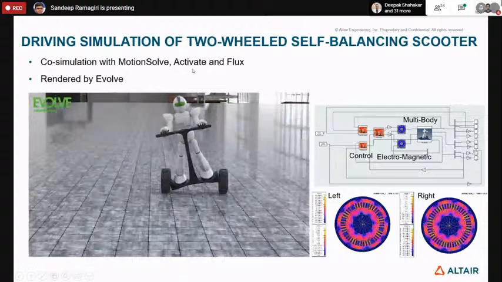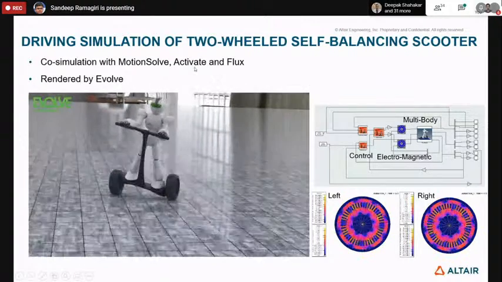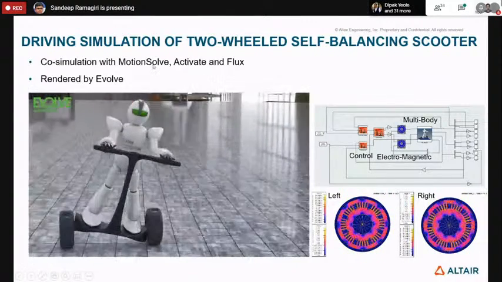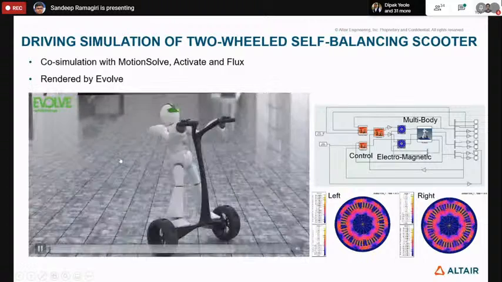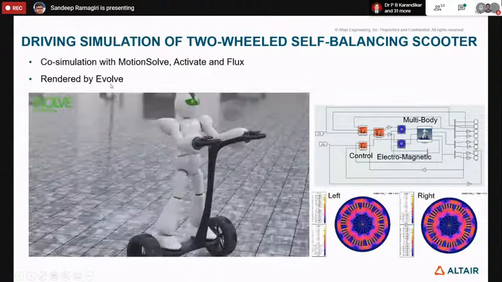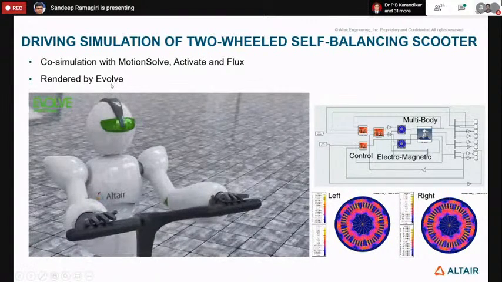For the system simulation, we have Activate in place, which links Flux and Motion Solve, and the complete plant model. This is called a plant model, done in the Altair simulation technology. This is how system level simulation is performed once you design the motors.